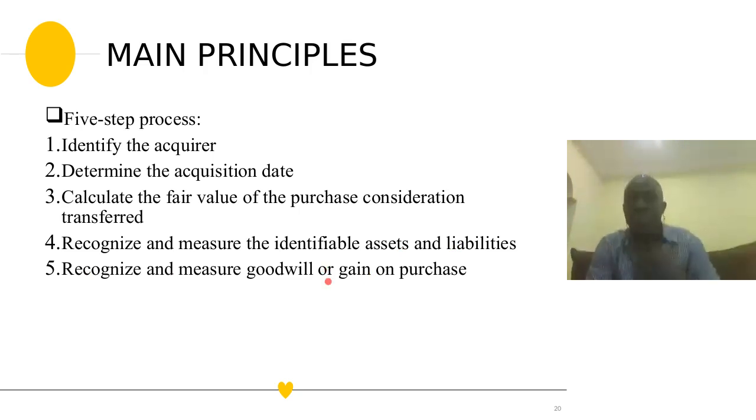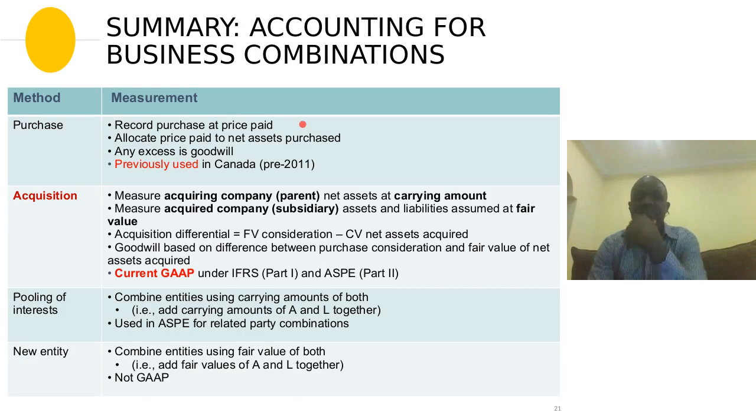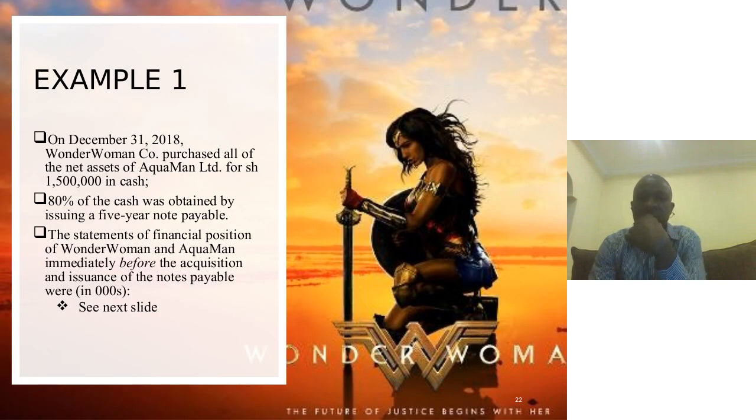The opposite of goodwill is gain on purchase, and again, we'll also show that in our video. So we have the summary, and that will also be shown, so we don't need to go through it. We have an example there.